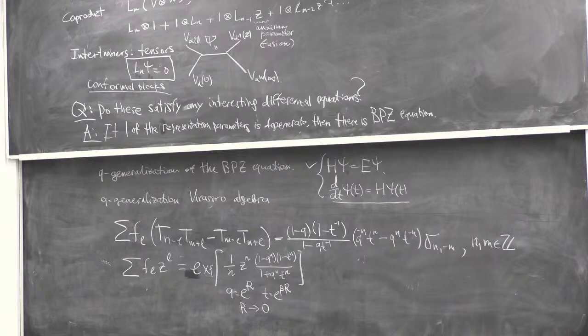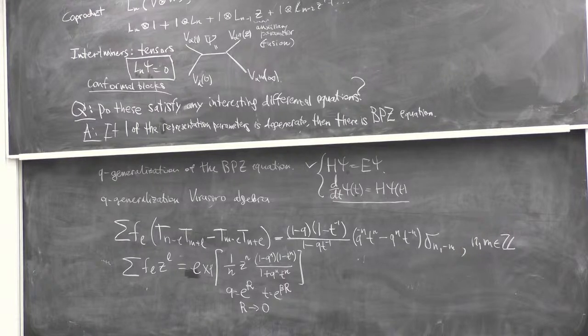The sense is that there exist explicit representations for T's, such that they satisfy this equation. The image, not the algebra. And this is a well-known sort of problem. And in that case, the sum converges.